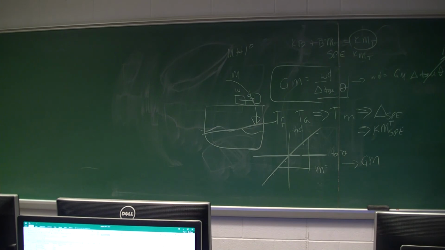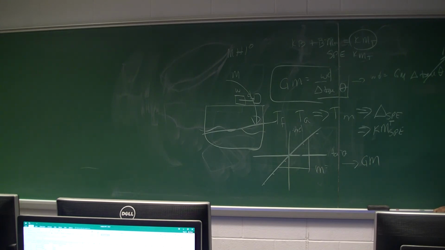David, will you paraphrase what I just said here about calculating MH1? MH1 is a moment to heal 1 degree, or 1 degree angle of list. You would solve the GM equals WD over tan theta for WD, which is the moment. And assume theta is 1 degree.